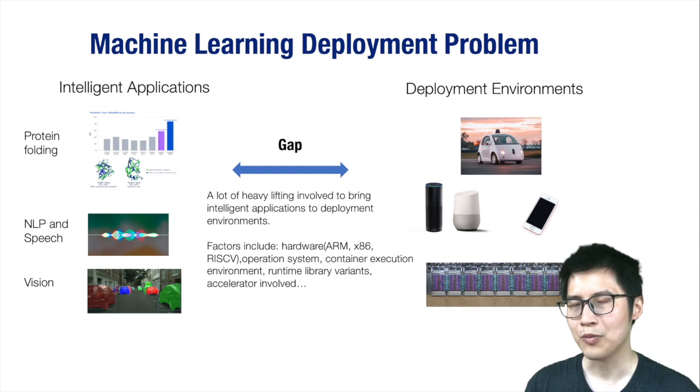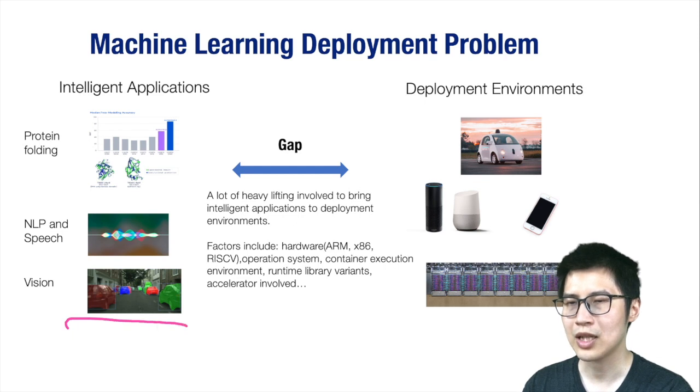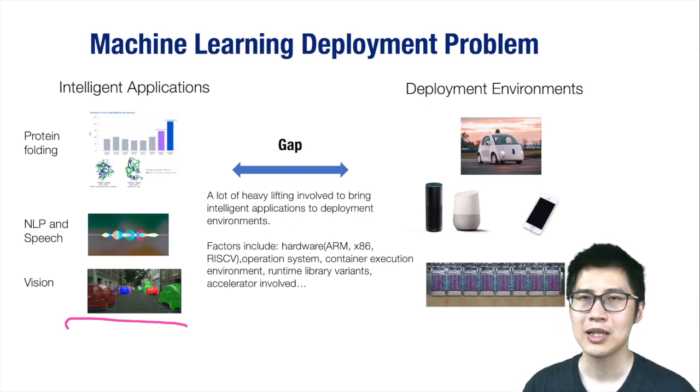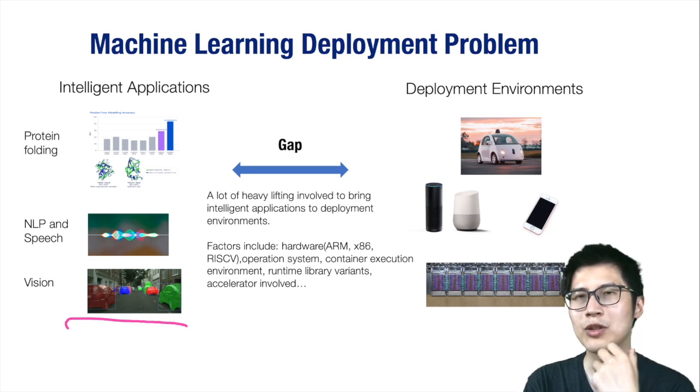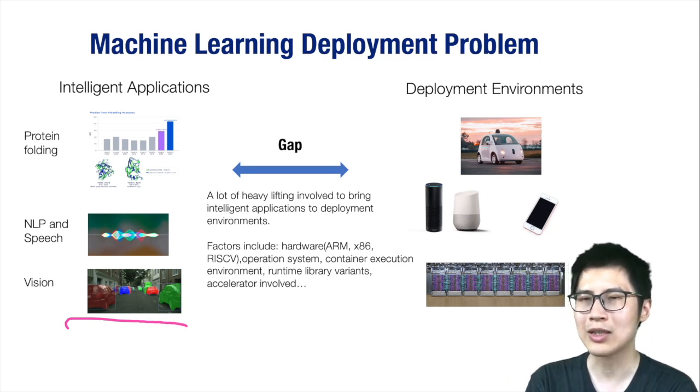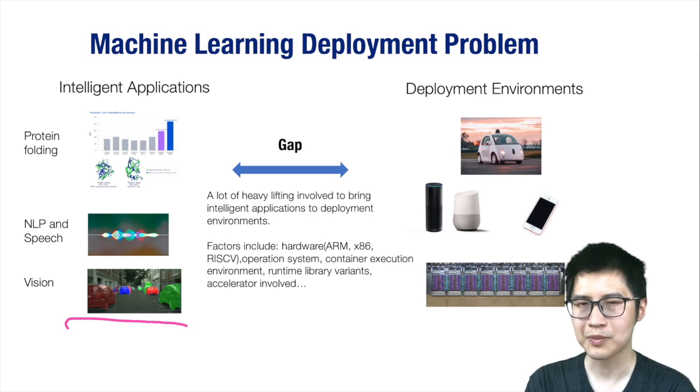For example, the emergence of self-driving cars requires us to do things like object detection, pedestrian detection, and segmentation. If we say hi Alexa, or use other smart devices like Siri, it involves machine learning models that do natural language processing and speech recognition. More recently, there's also exciting news about using AI to fold proteins, so that we get more information that helps us towards new scientific discoveries, as well as finding effective medicine for some of the newly emerging diseases.